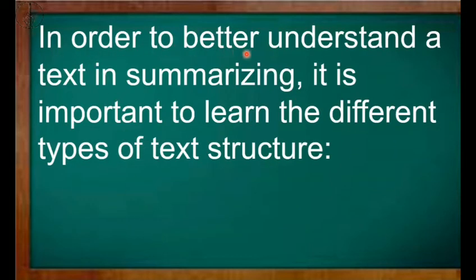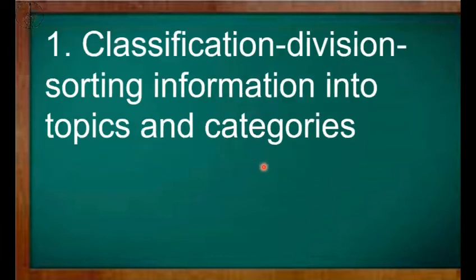Next, in order to better understand a text in summarizing, it is important to learn the different types of text structure. Number one, classification, division. This means sorting information into topics and categories. In other words, you need to classify or divide the information and sort it into its own topics or categories.